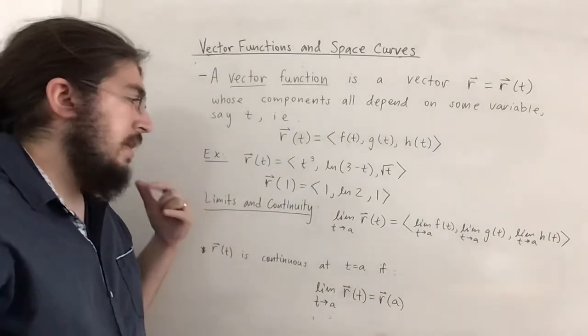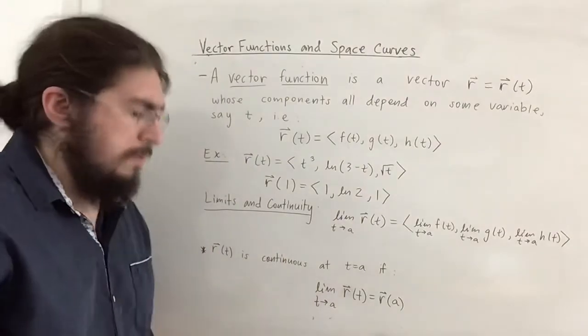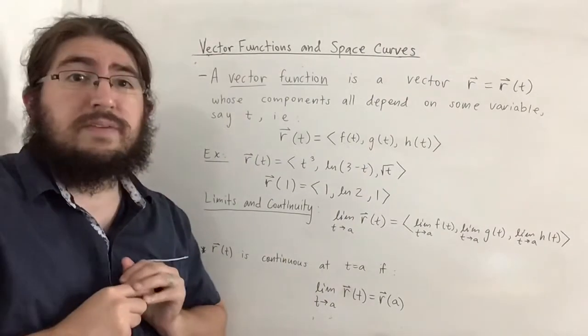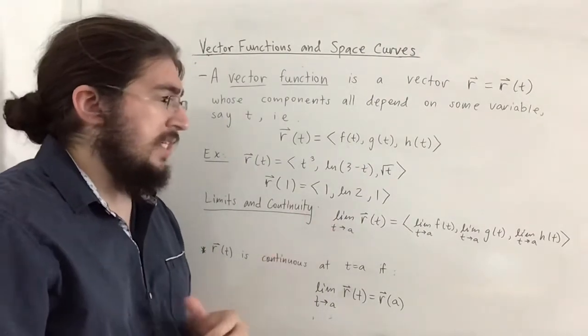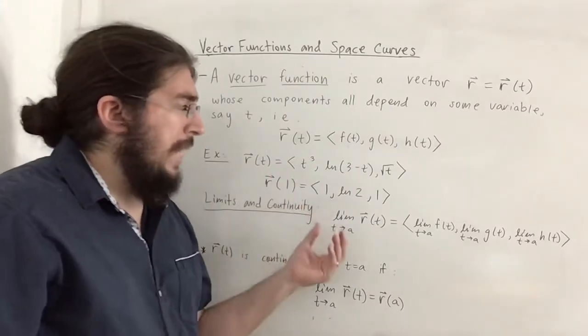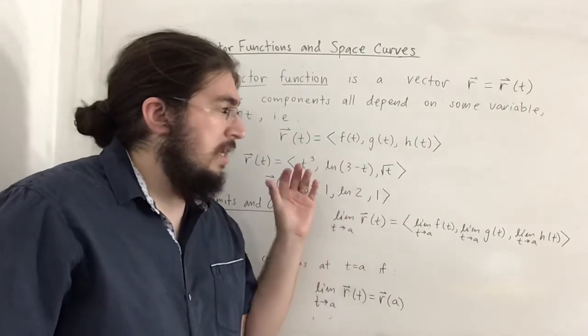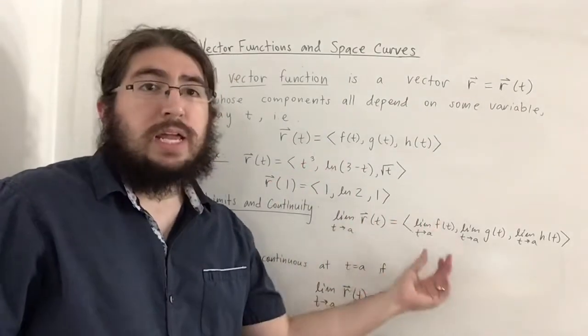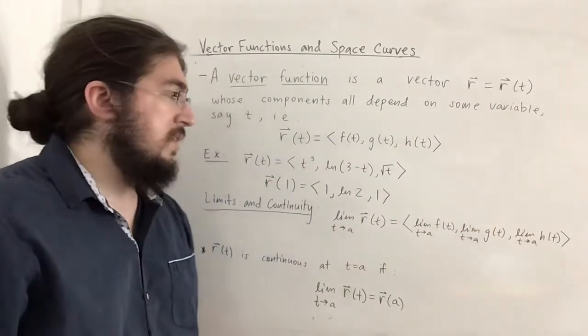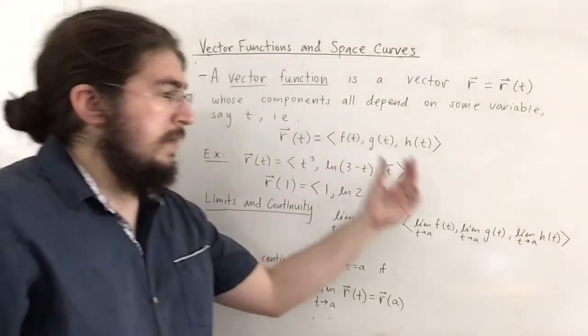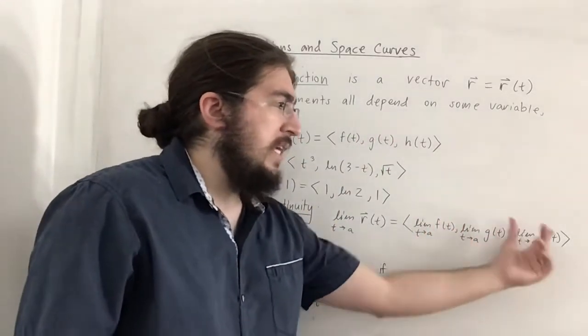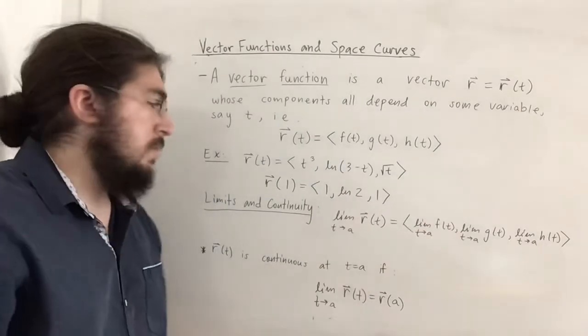Perfect. Now, as far as limits go, we won't really be doing any problems in this section, but it's helpful to know the definition for limits for vector functions, and it's exactly what you may think. Basically, the limit as t goes to a of a vector function is just the limit as t goes to a for each component of that vector function. Namely, the limit for f of t, the limit for g of t, and the limit for h of t, each individually.